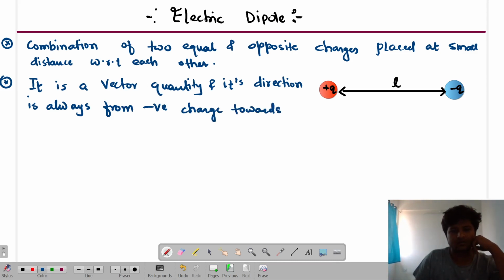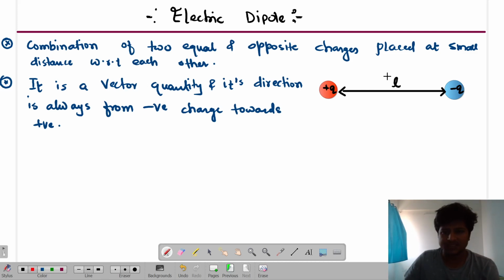Means not a dipole, I'll tell you. See, if you look at the condition, the electric field is from the positive charge towards the negative charge, or not? That's right, isn't it?